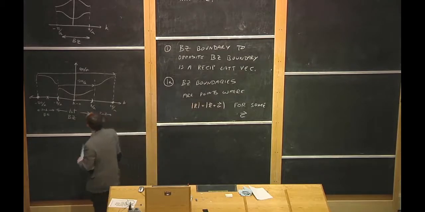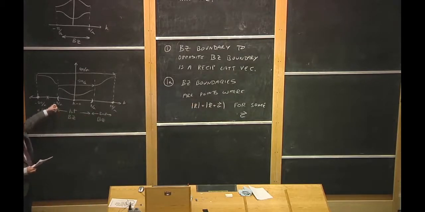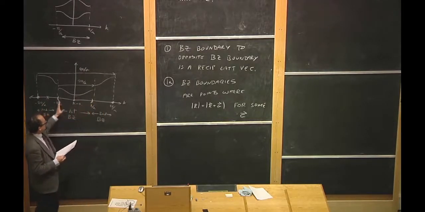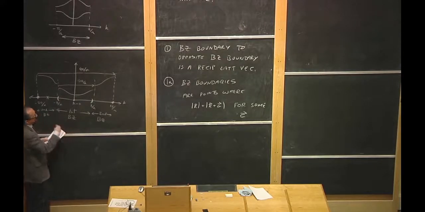Okay? So for example, you need to have k and k plus g having the same magnitude for g being some reciprocal lattice vector.